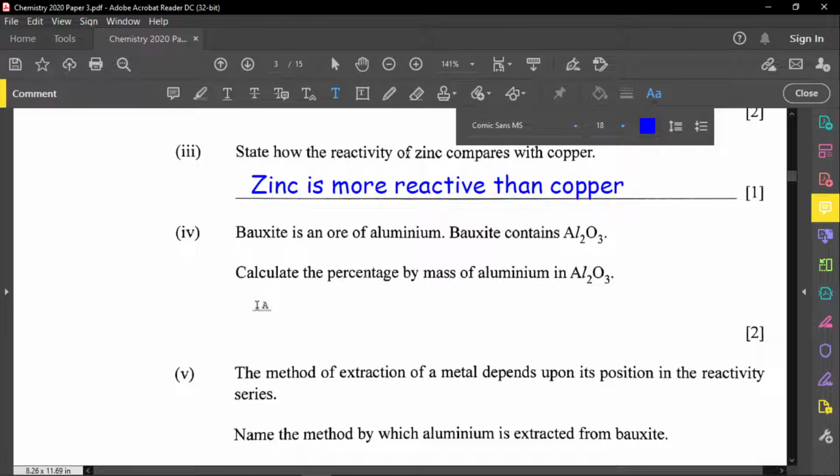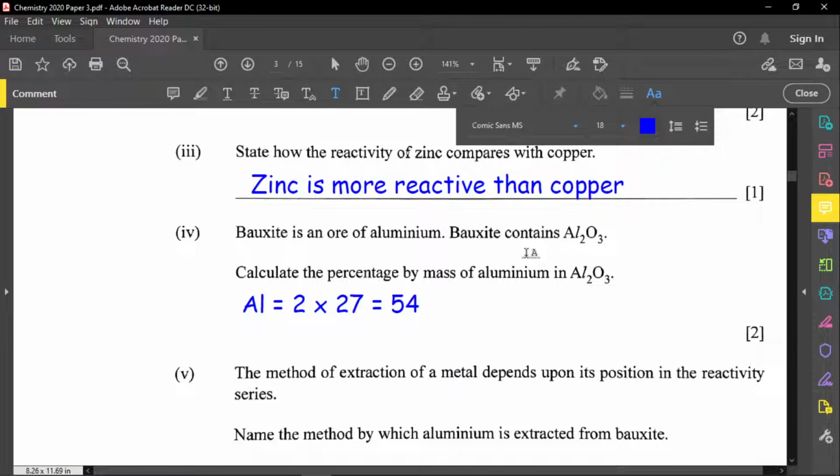What we're going to find here is the total mass, which is the molecular mass of this compound. Let's do it by elements. First we're going to find aluminum, Al. We have 2 atoms of aluminum, so we're going to say Al equals 2 multiplied by the relative atomic mass, which is 27, which will give us 54.